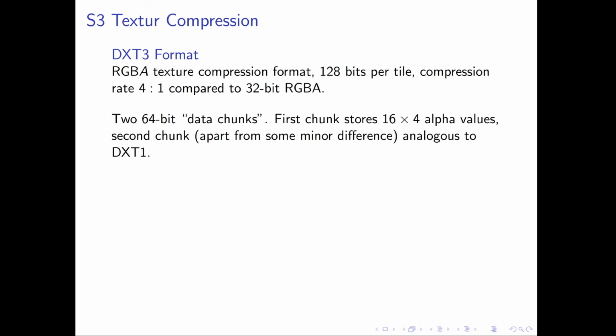There are also codes and base colors. The codes are a bit different, of course, and in the end we end up with 128 bits per tile and not with 64 bits per tile, and with a somewhat lower compression ratio, but still with a very high compression rate of 4:1 compared to a 32-bit encoding of the RGBA image.